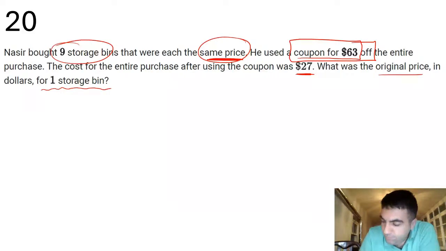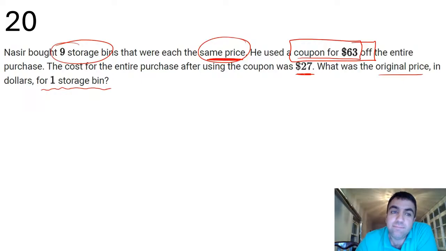Is there anyone who solved this question? Fear says 90. No. Let's solve together. Nasir bought 9 storage bins that were each the same price, and he used a coupon for 63 off the entire purchase. The cost after the coupon was 27.